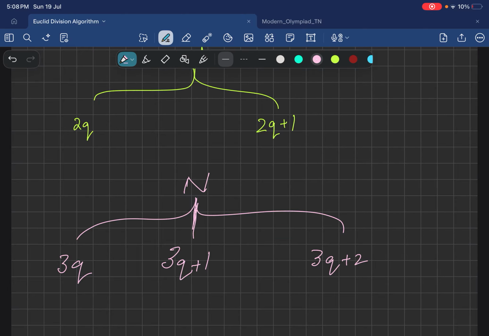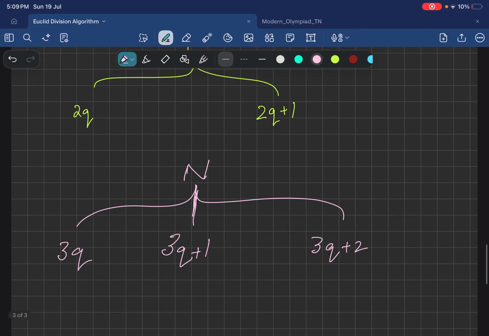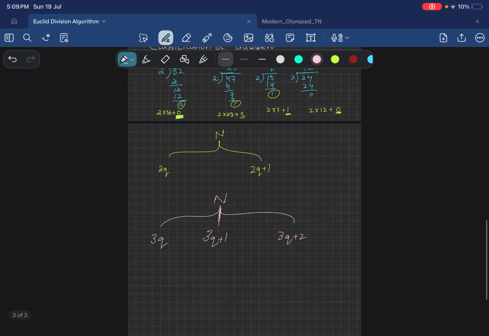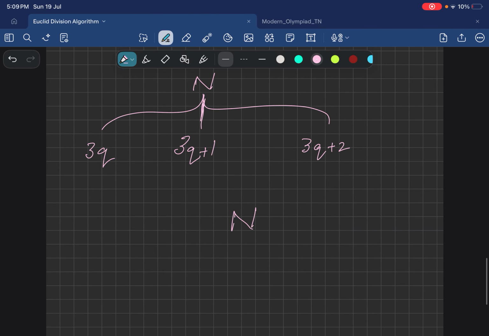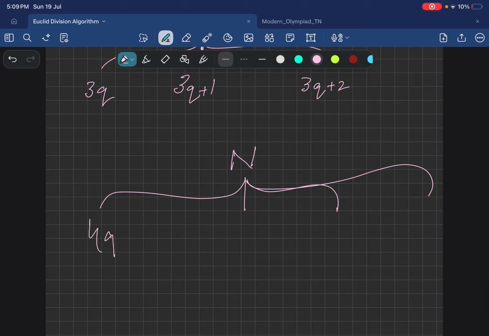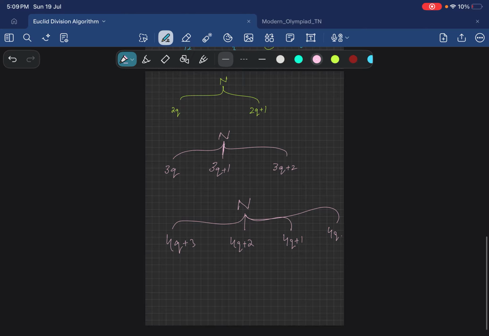I mean, it is possible, you could write it that way, but that would not follow Euclid's division algorithm. And if I ask you to divide natural numbers in modulo 4, then you can divide them as 4q, 4q plus 1, 4q plus 2, and 4q plus 3, right? Same goes for any other natural number.